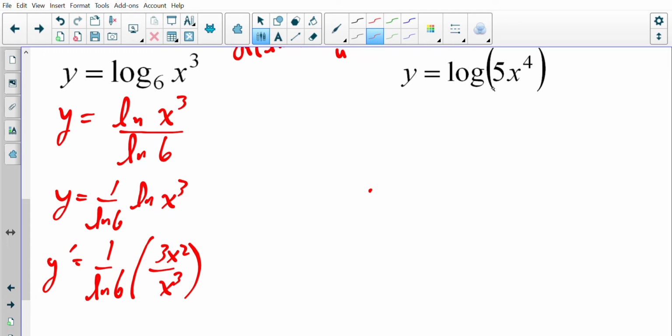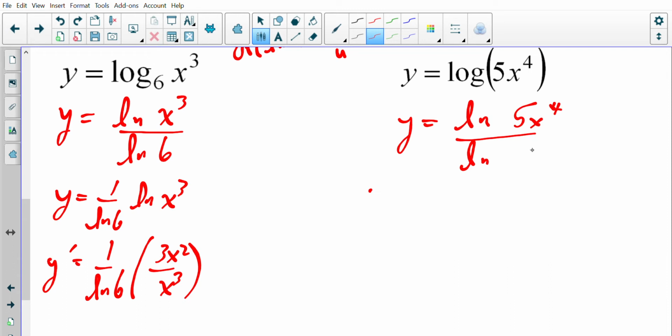Alright, now this one, there's no base here, so that's base 10. Switch it to natural log. So natural log of 5x to the 4th. Divide that by the natural log of the old base. So some students who are maybe not as well informed as they should be say, well, there is no base.